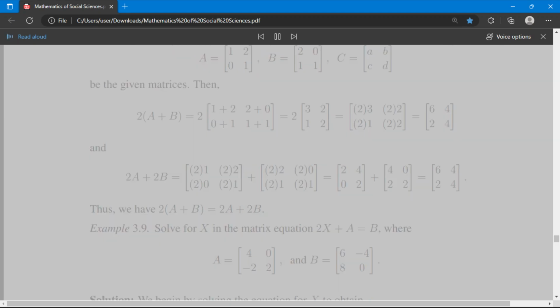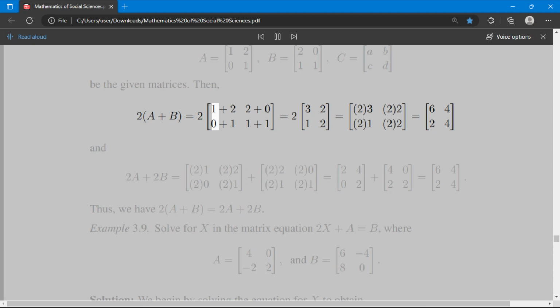Example 3.8. Let A equals [1 2; 0 1], B equals [2 0; 1 1], be the given matrices.